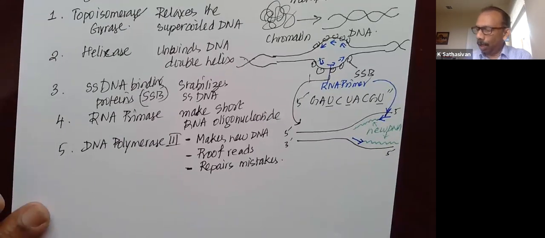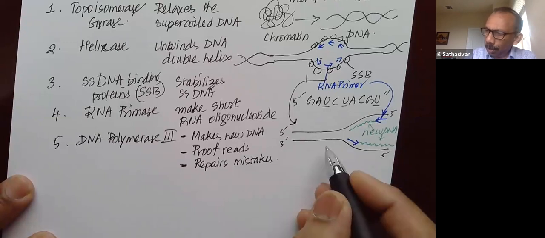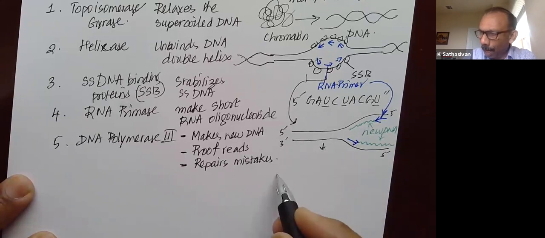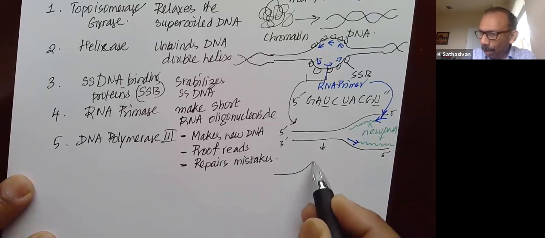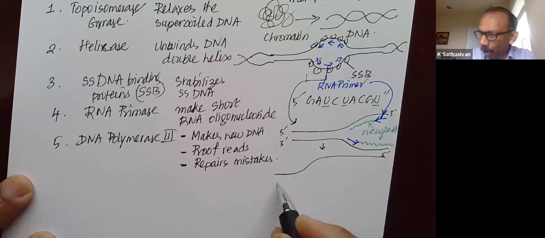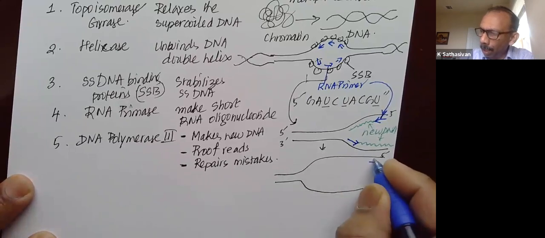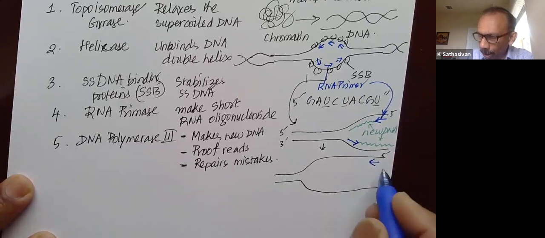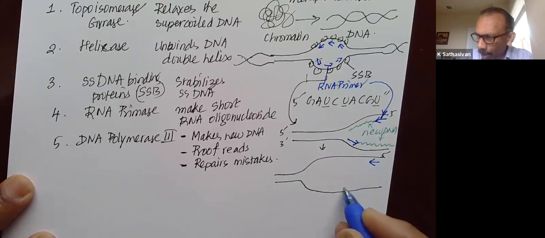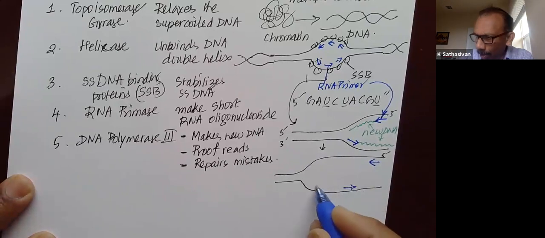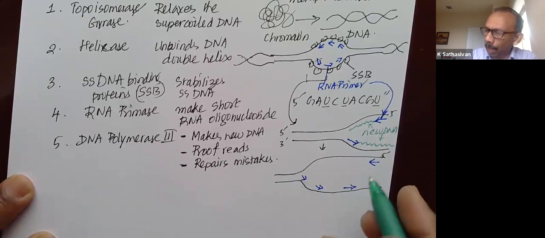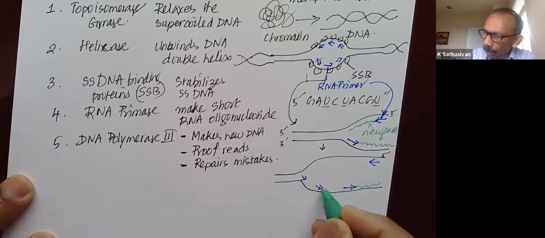But if you continue, as it expands, you have more region open up, and whatever started at the beginning is going to continue, whereas whatever started here has to be restarted again, and this is made discontinuously.